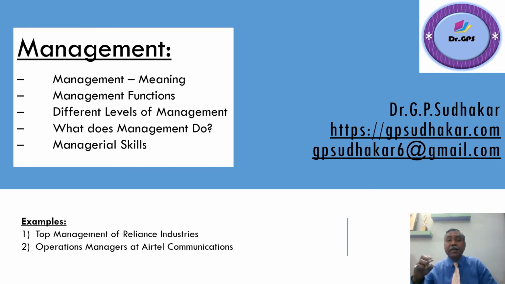What is the meaning of management? See, basically, management means what? It is about keeping things in order, to monitor, to bring things onto track, to control. All these meanings will come when we say management.